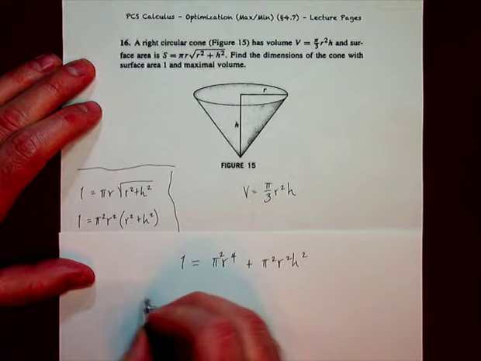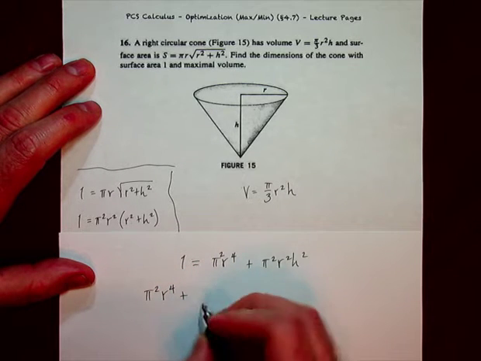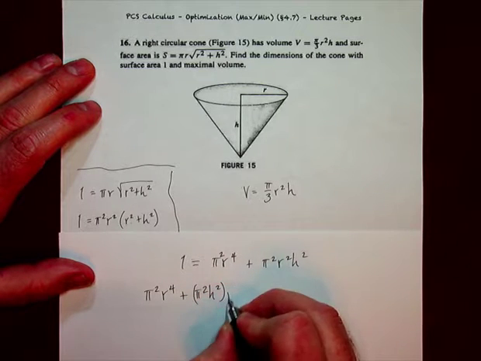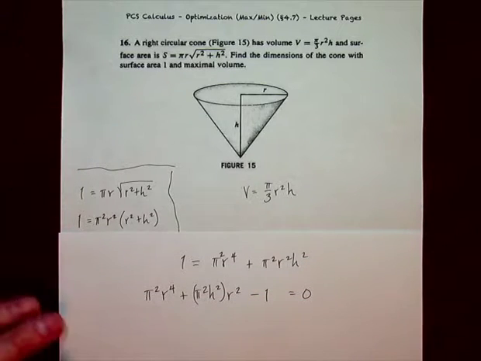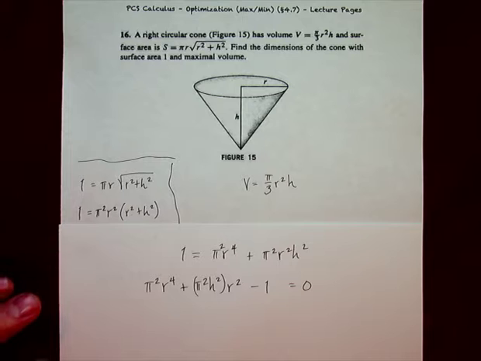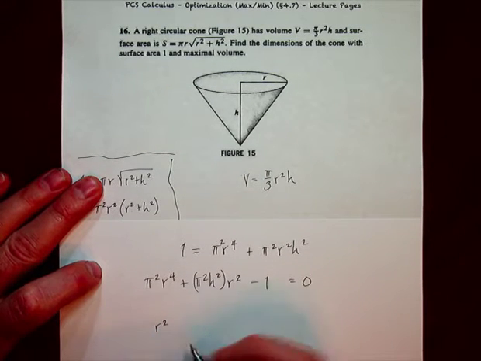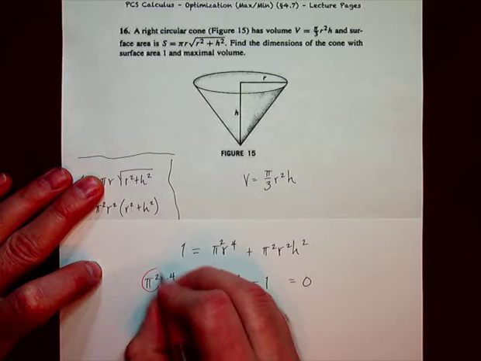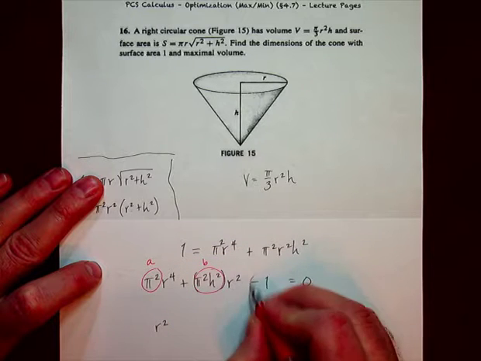Now, if we then turn it around and we have pi squared r to the 4th plus pi squared h squared r squared minus 1 equals 0, you would have to basically treat that like a quadratic, isolating r, but you would have to isolate r squared, and you would have to treat pi squared and h squared as part of the coefficients. Basically, this would be your a, this would be your b, and this would be your c.